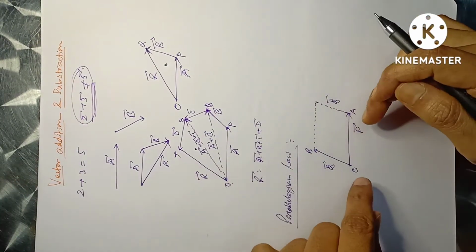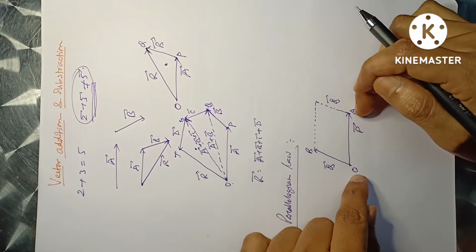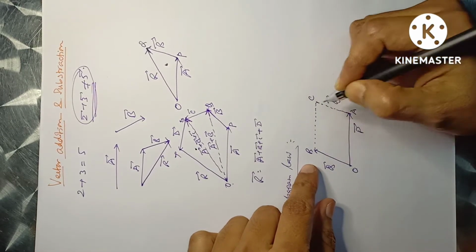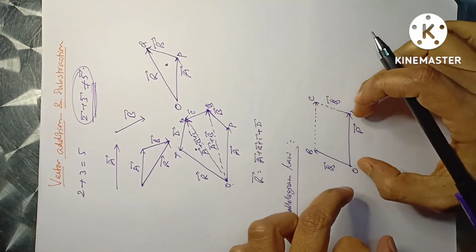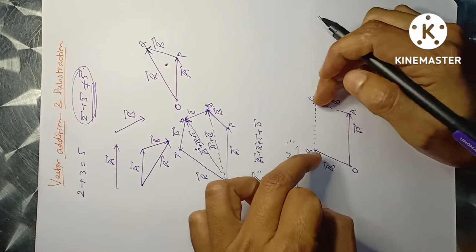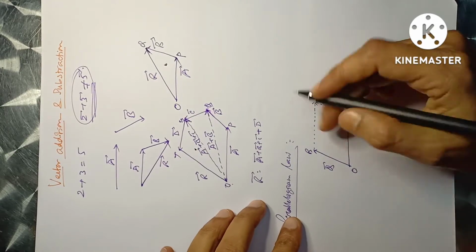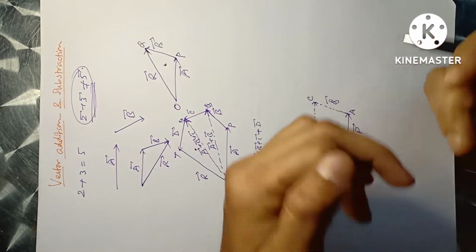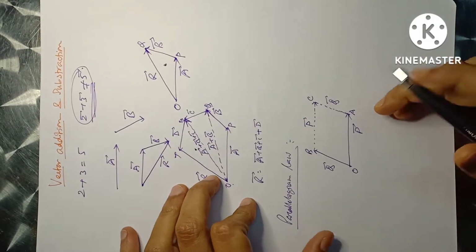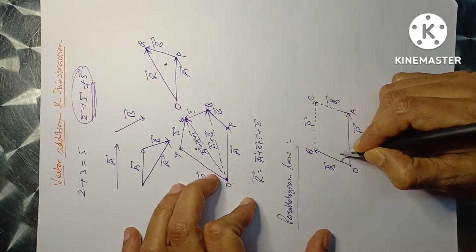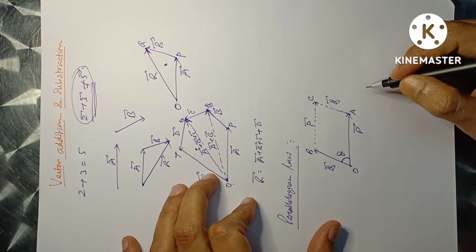Similarly, O to A and B to, suppose this point C. These two arms have equal length and their directions are parallel. Therefore, this is P vector and this is also P vector. These two are the same. Consider the angle between P and Q as theta.